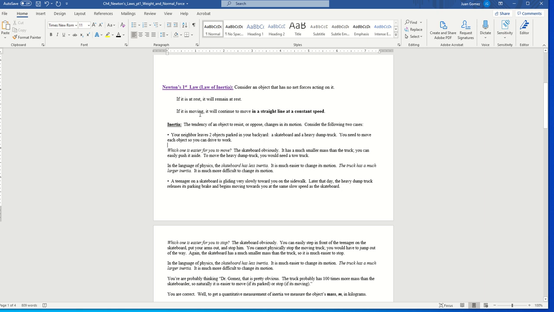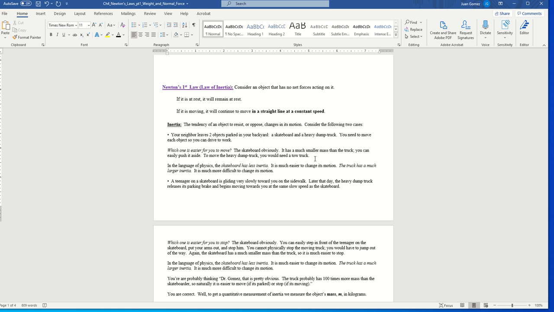And if it's moving, it's going to continue to move in a straight line and at a constant speed. The key is that the object has no net forces acting on it. In either case, it will continue to do that forever and ever, unless a net or external force is finally exerted on it.